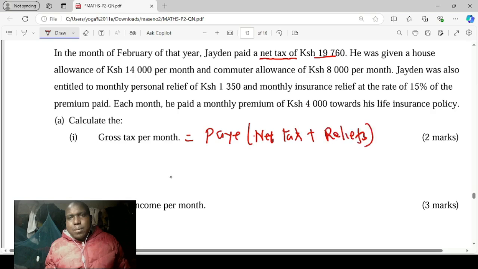Yeah, because when we have pay is equal to gross tax minus relief. Kwa hivyo tukichange inakuwa hivi, gross tax plus relief.